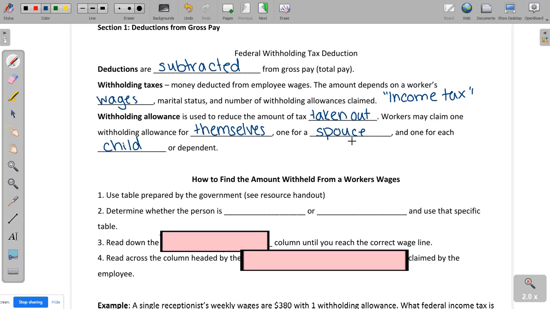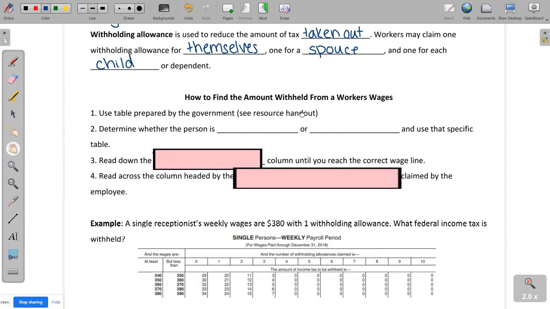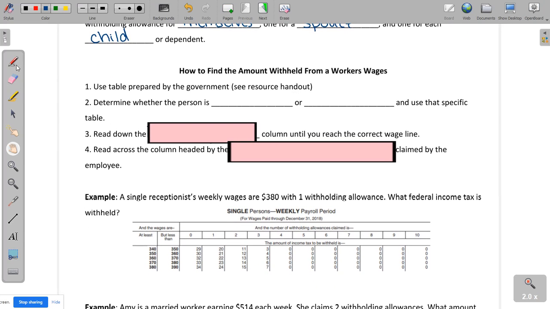We are going to be using a table to help us find the withheld amount from the worker's wages. So here are a couple of steps to use the resource handout. First, you're going to use the table prepared by the government. The table we are using is from 2018.